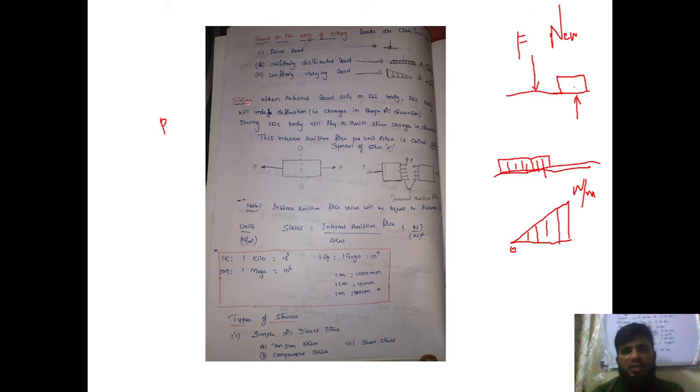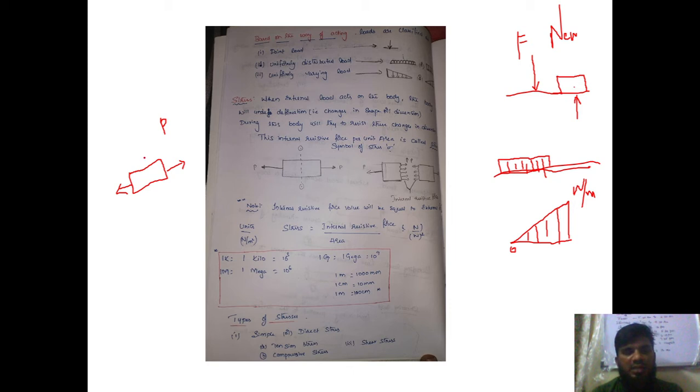Next is stress. When an external load is acting on a body, for example, if this is my object which is resting on a surface, and I am trying to pull the object from both the sides, the object will not immediately deform.